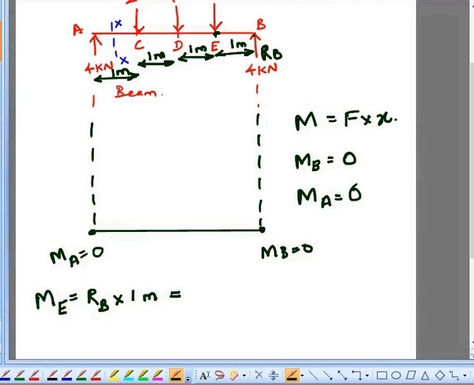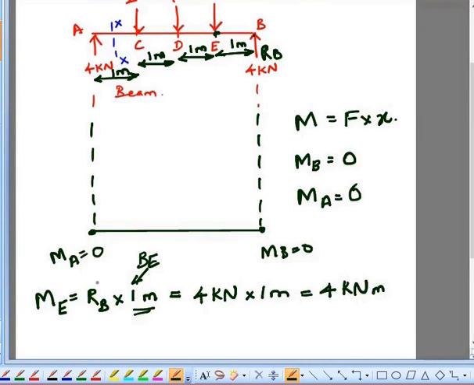You can take either the left side or the right of the point E. I am considering the points to the right of E. So RB is 4 kilonewton into the 1 meter, the distance between the points B and D. So this will give you 4 kilonewton meter.